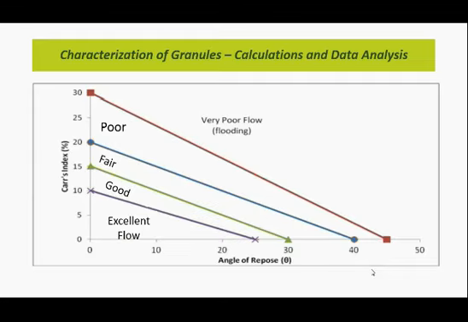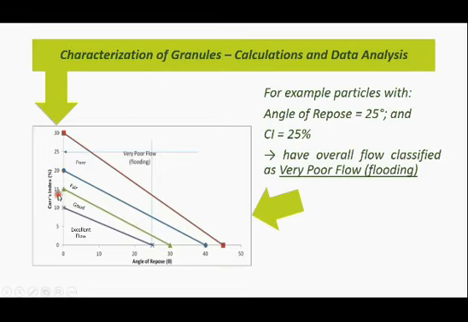This chart correlates Carr's index and angle of repose. As you can see, how? This is an example. For example, particles with angle of repose 25 degrees and Carr's index 25%. How to determine the overall flow?